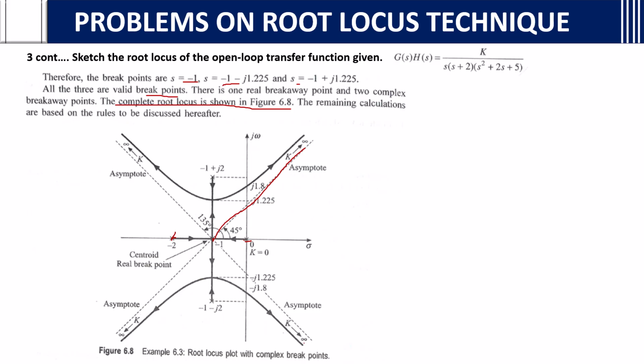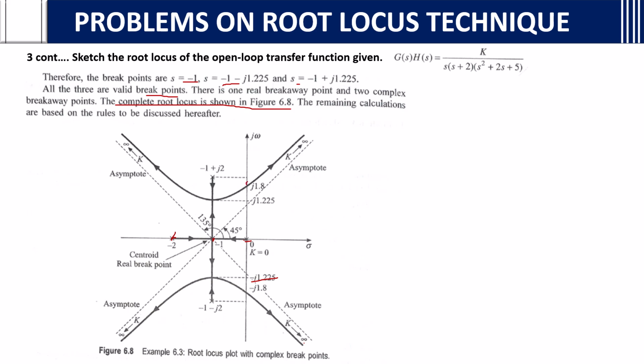Okay, the points are what? Minus j 1.225, minus 1 into minus 1.225.